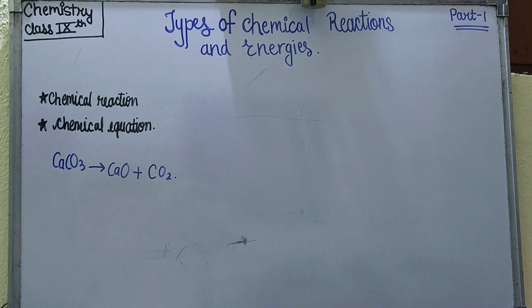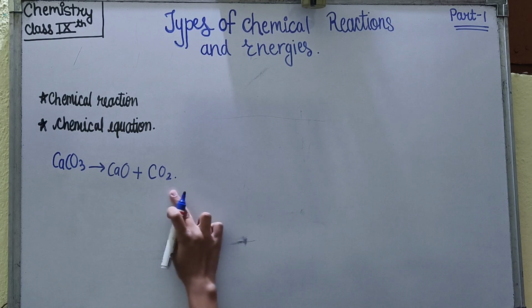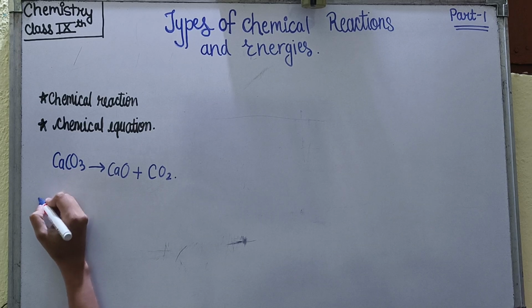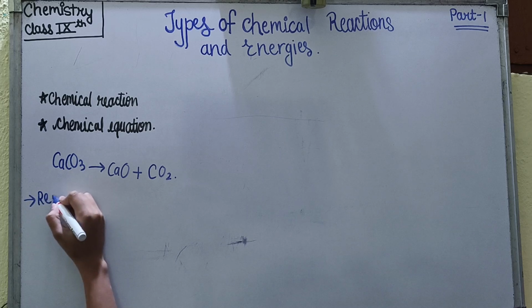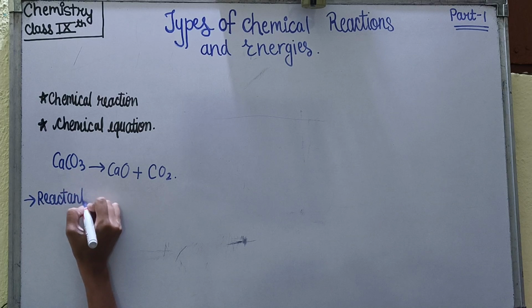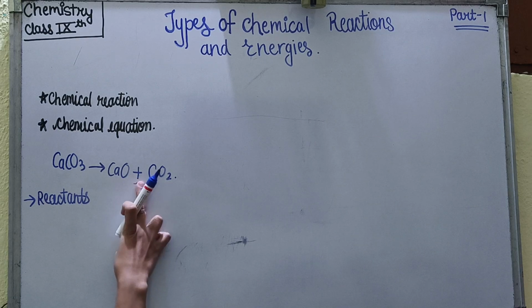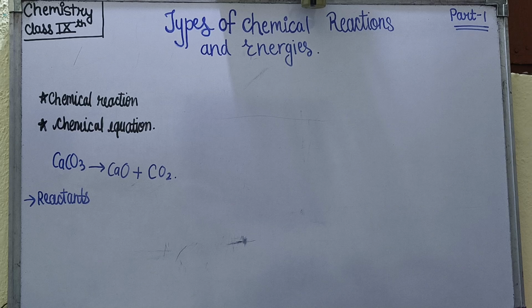Terms related to equation. These terms are reactants and this is the product. So first term we'll see, reactants. Reactants are the substances which undergo reaction. Second point, the reactants are connected internally by plus sign.